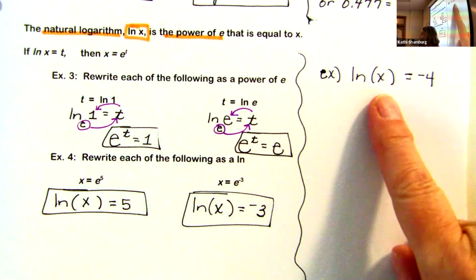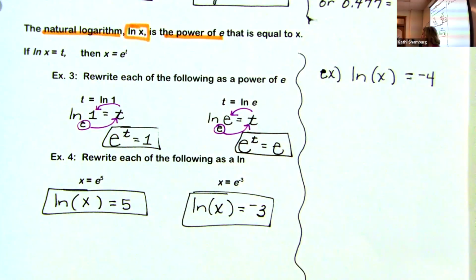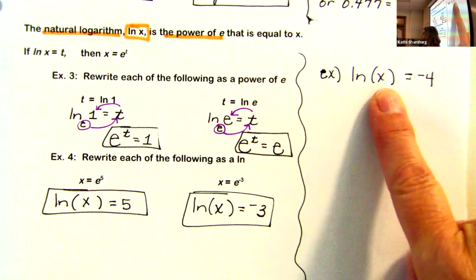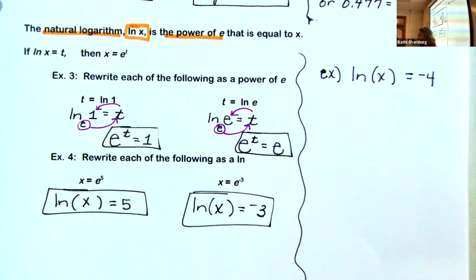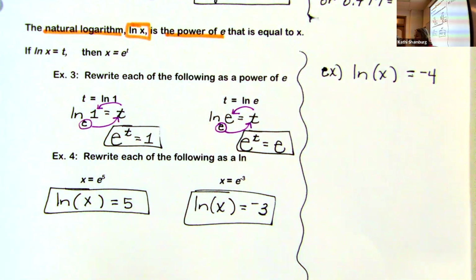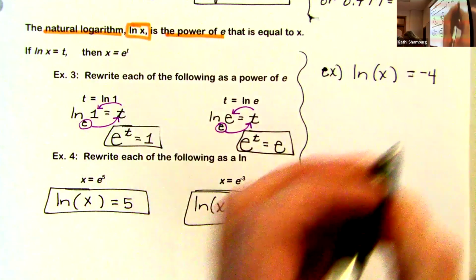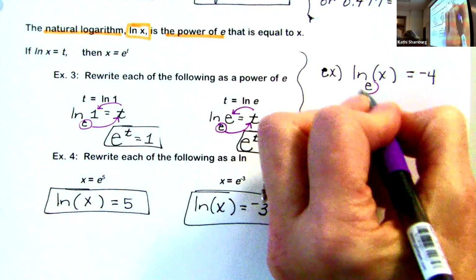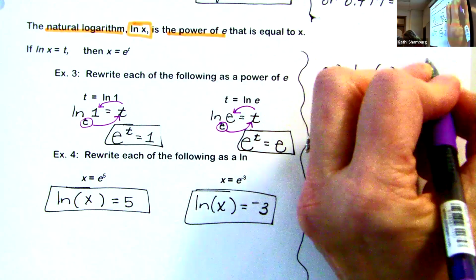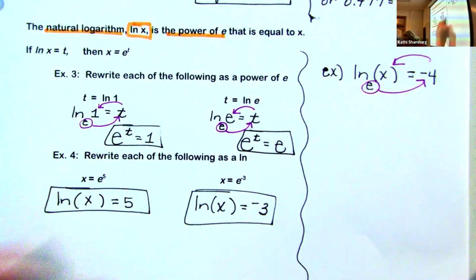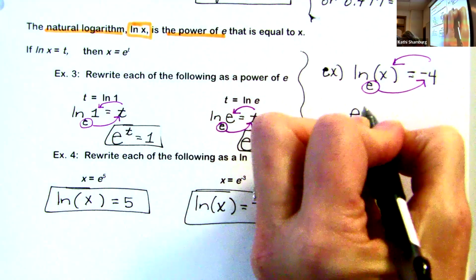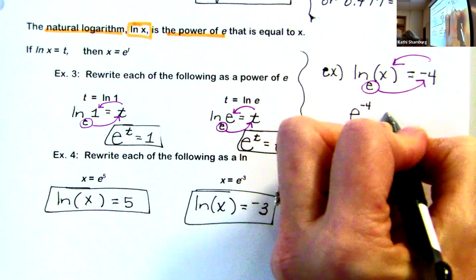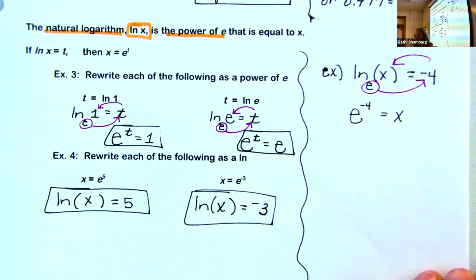If it wants me to find out what X is, I can't do this in my calculator. The only way I could do this in my calculator is if the number was here, but it's not. So what that means is I have to rewrite it. Again, I need to recognize that the base is E, and then I'm going to rewrite it as an exponential. And I would get E to the -4 equals X.